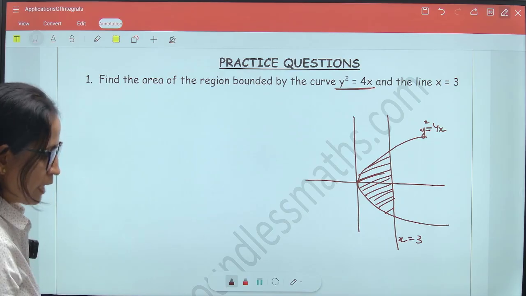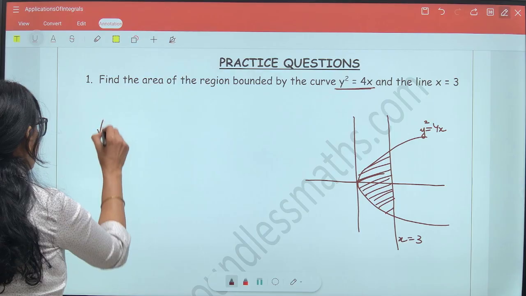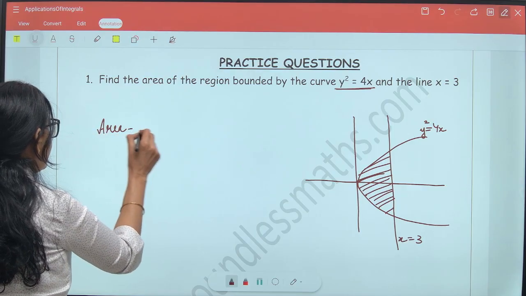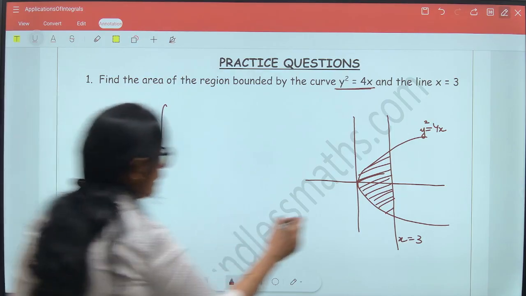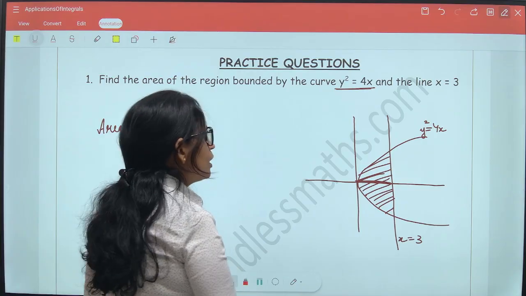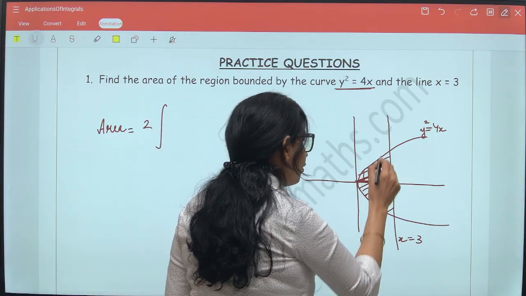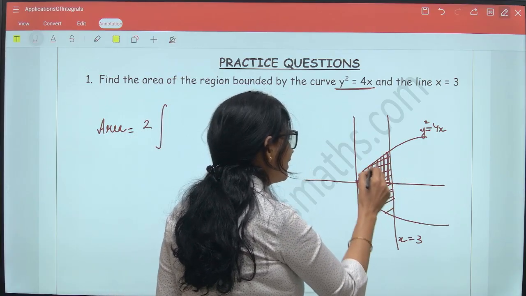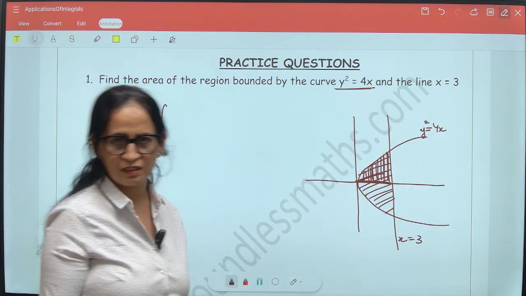Fine. Now how do we find the area? In this case, the required area is going to be twice of the area, because when we integrate, we get the area in the first quadrant. So if we can find the area of this first quadrant, we can just double it to get the entire area.